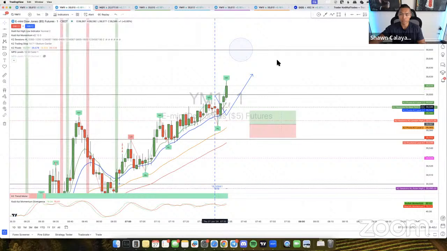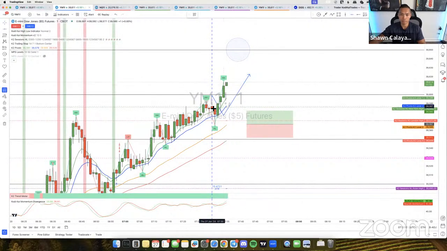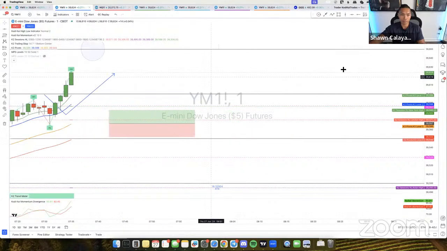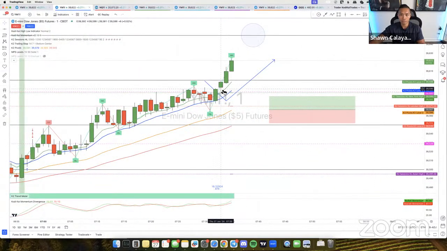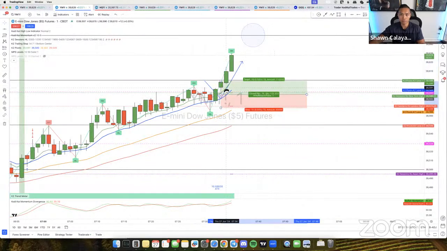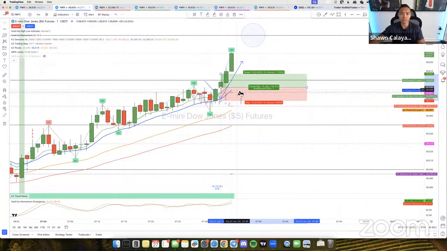We had news over here at 7:30. It was low impact. I'll still mark it up right there. So this was perfect right here. You guys see the setup off this green candle right here? This right here was what I was looking for. I said, price come down super sharp like it did right here, and then it came right through. The only problem is that it was at the sessions.